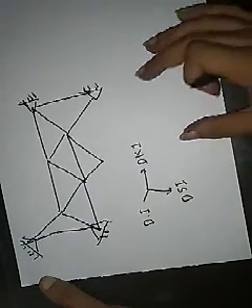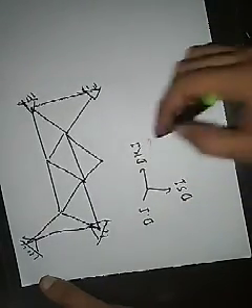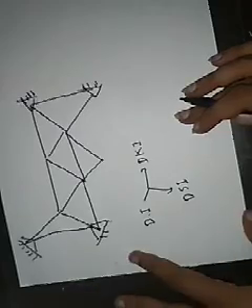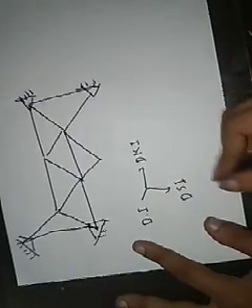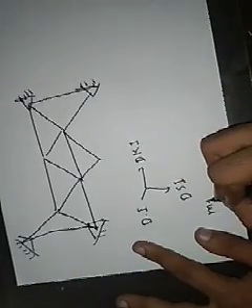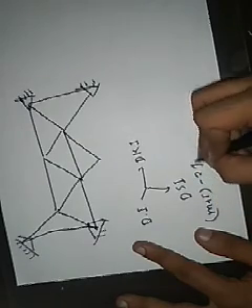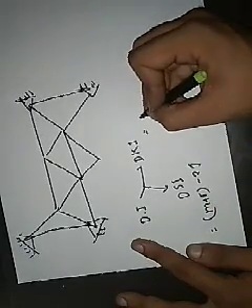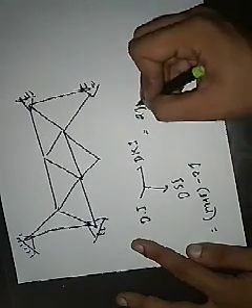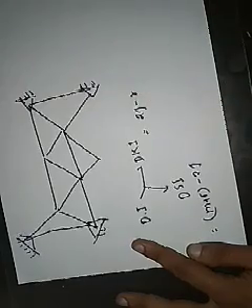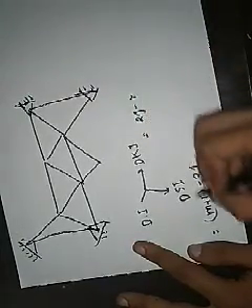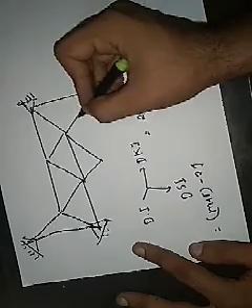So these are two types of degree of indeterminacy. We know that it is m plus r minus twice j, and this equals twice j minus r. So how many members do we have?